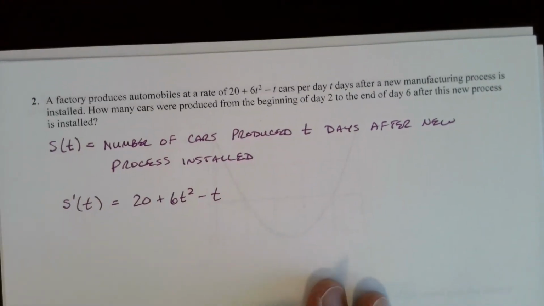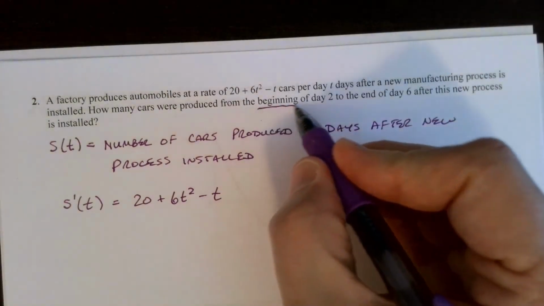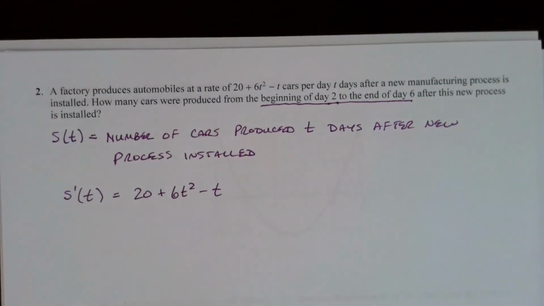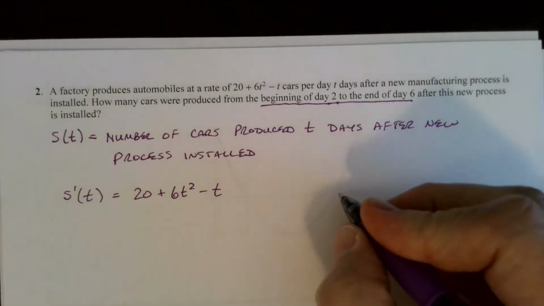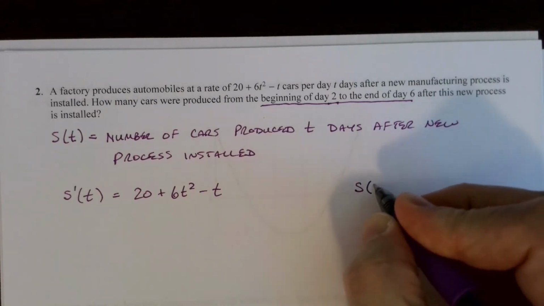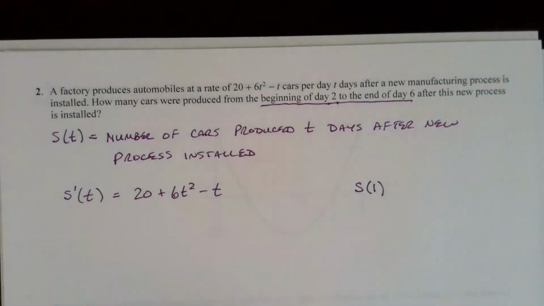And so the question is, how many cars were produced from the beginning of day 2 to the end of day 6? Now here you've got to be a little careful. Tell me something about what S of 1 is. What would that tell me? t is the number of days after the new process is installed.